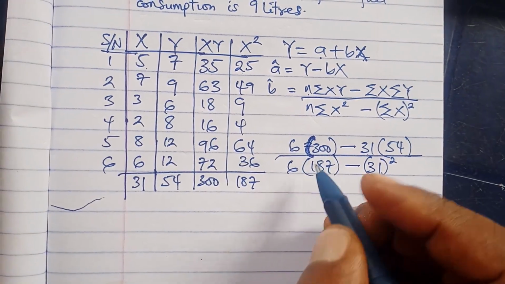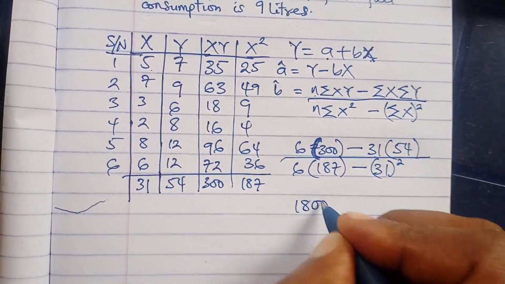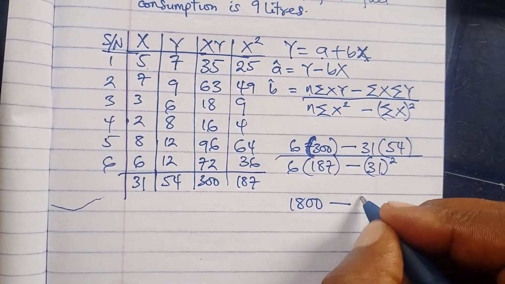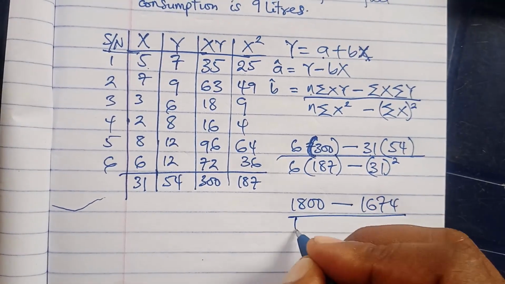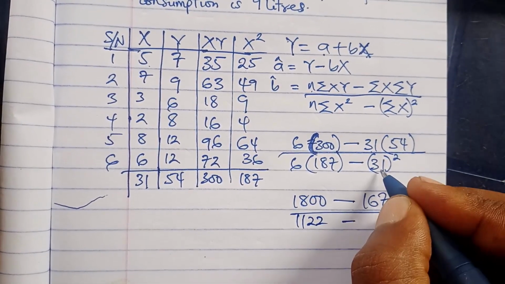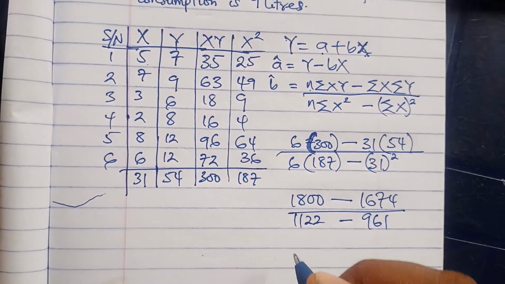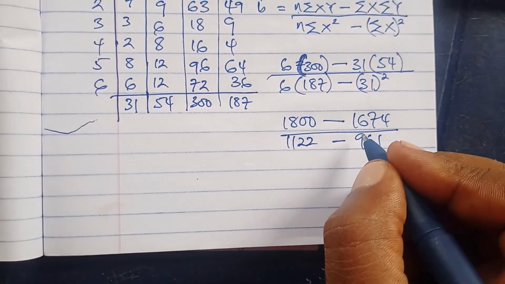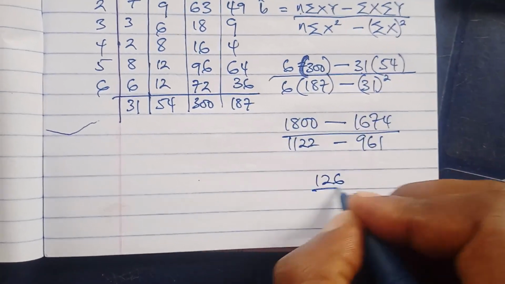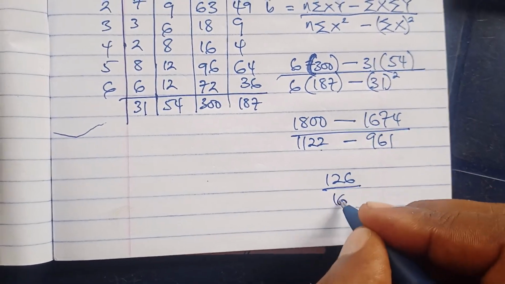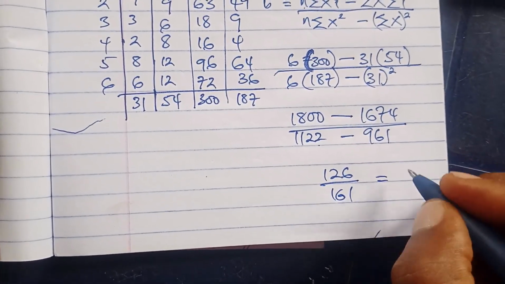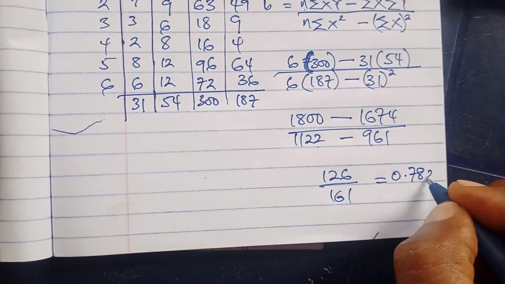Here, this times this, we get 1800, minus this times this, we get 1674, over this times this, we get 1122, this squared, we get 961. So we have this minus this, we get 126, this minus this, we get 161, and b becomes 0.782.